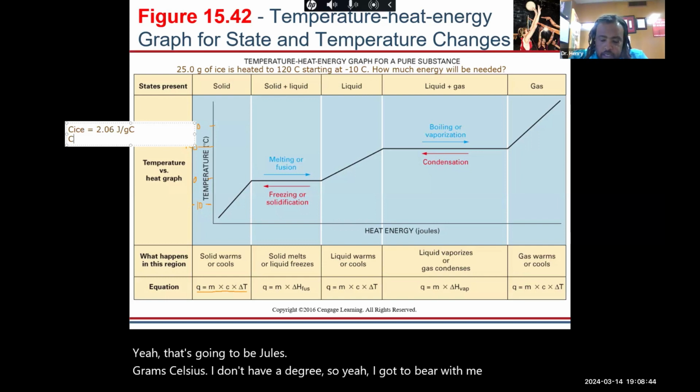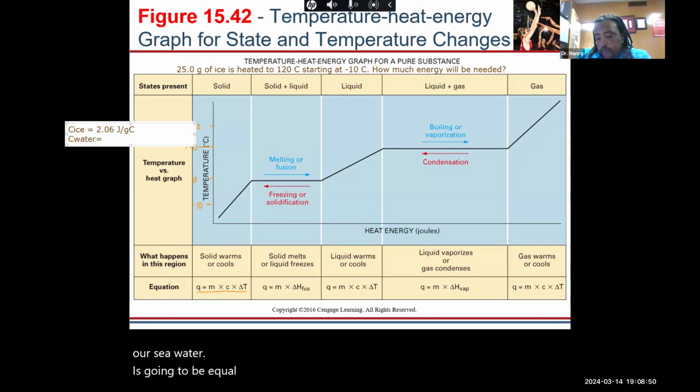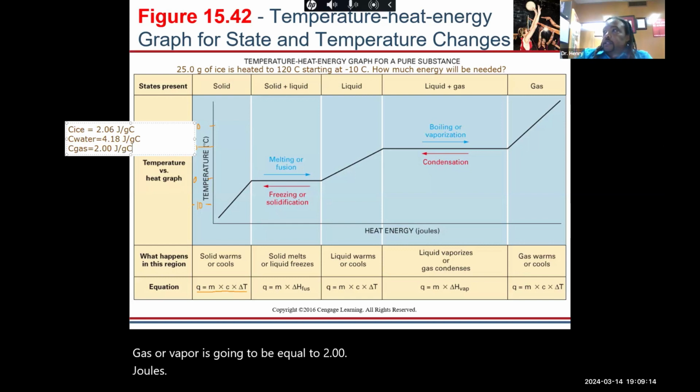And then our C water is going to be equal to 4.18 joules per gram Celsius. And then our C gas or vapor is going to be equal to 2.00 joules per gram Celsius. Okay.